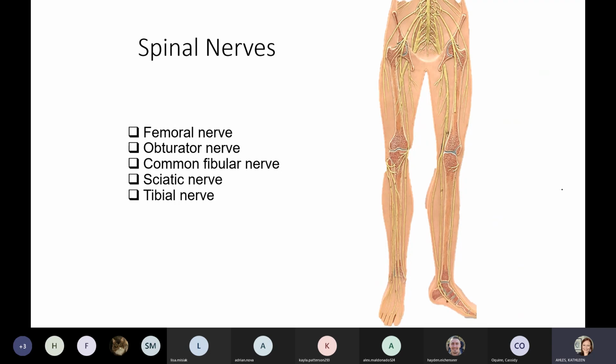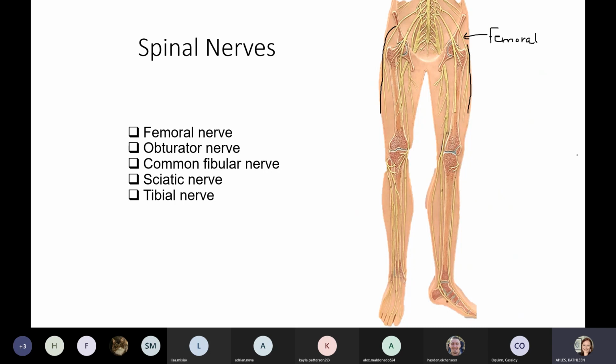There's really two nerves that come off of the lumbar plexus. The first one is what we see right here, arching down in front of the femur. You can also see it over here. This is the femoral nerve. Imagine that, right? The femoral nerve.